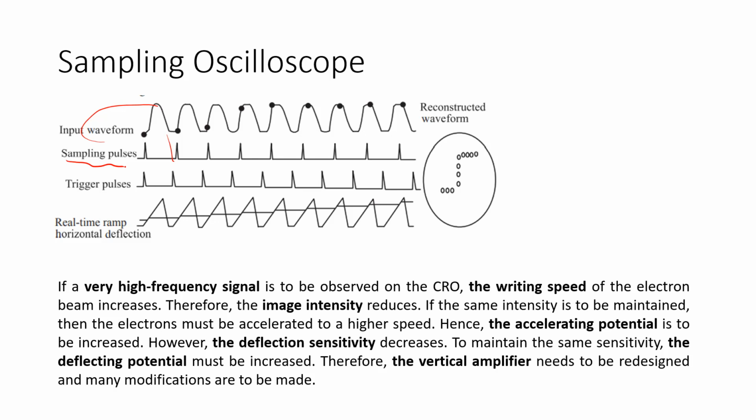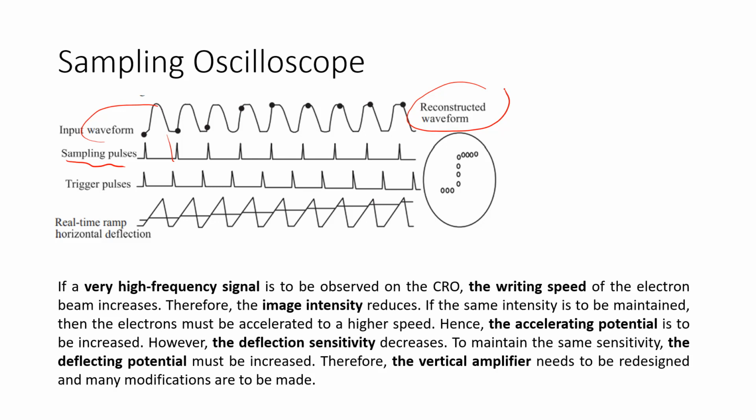After we get the sampling pulse and find that the input waveform frequency has changed, we reconstruct the waveform, so the image intensity and the deflecting sensitivity are maintained.